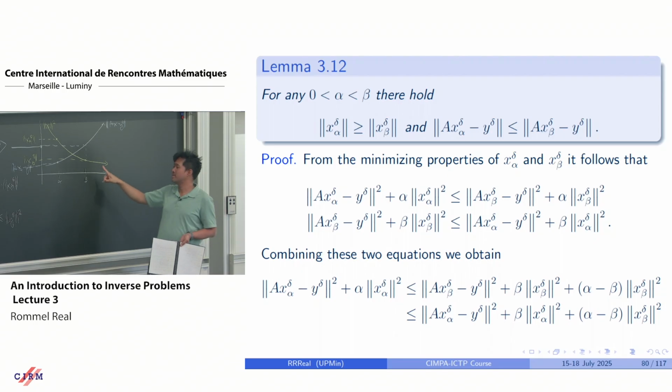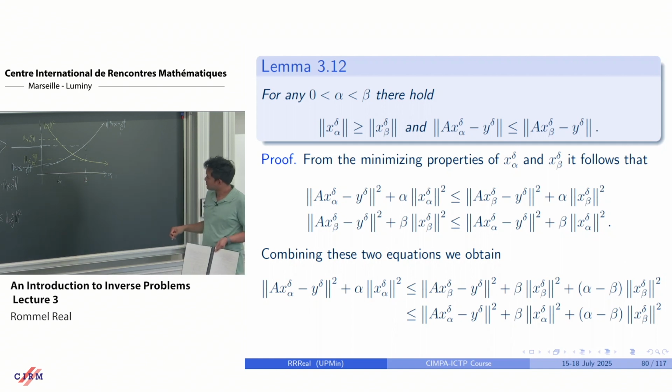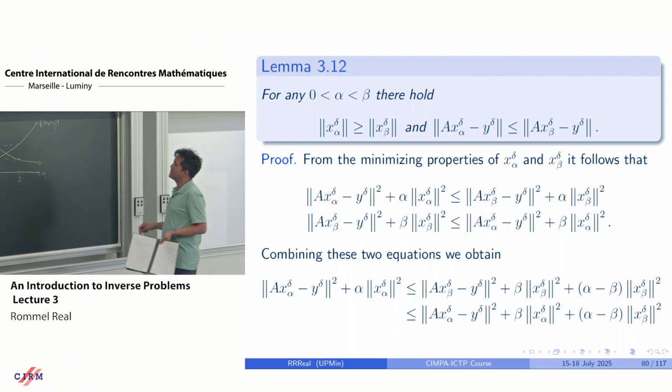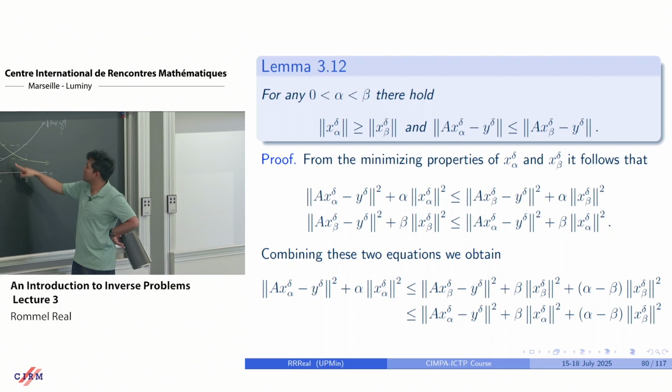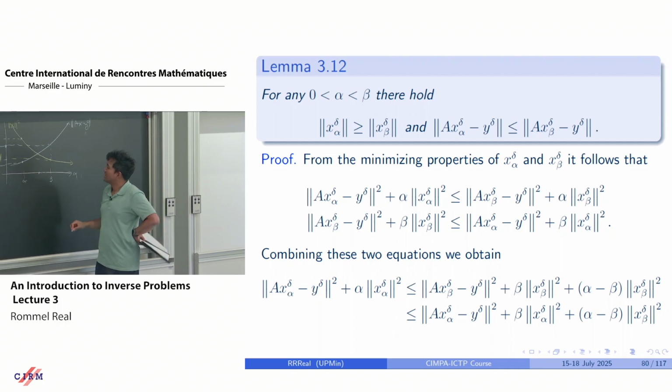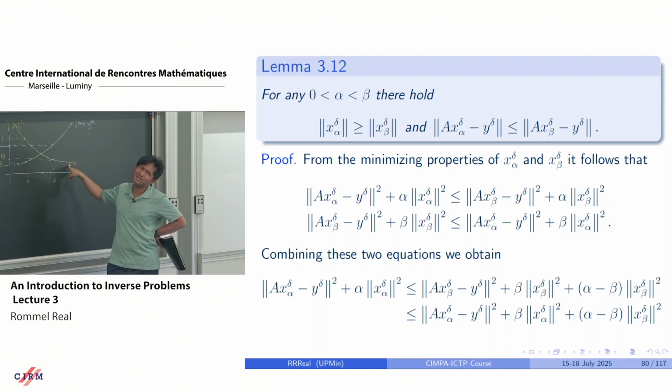On the other hand, the residual, which relates to the data, increases as we increase our regularization parameter. And that justifies the need for fine-tuning the regularization parameter so that it gives the best compromise between minimizing the penalty term and keeping the residual small.